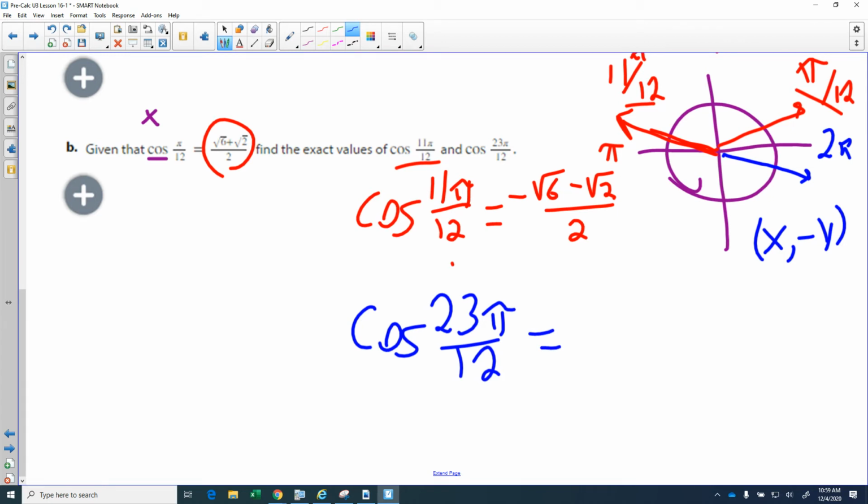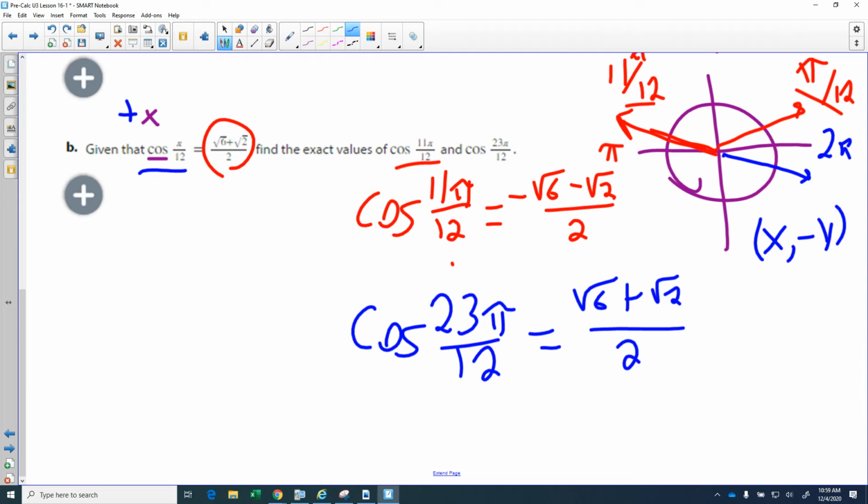So basically, the idea of this one is that if I have a positive x, this value should be the same as the original. Because at pi over 12, I had a positive x. And in the fourth quadrant, I also have a positive x. So I can plot these out and basically say that each of those values, at least for the cosine's sake, has to be the same.